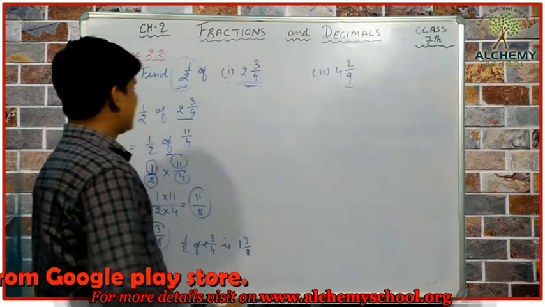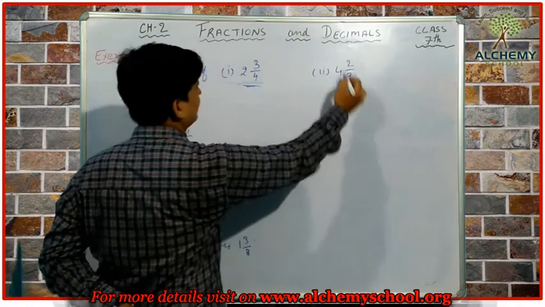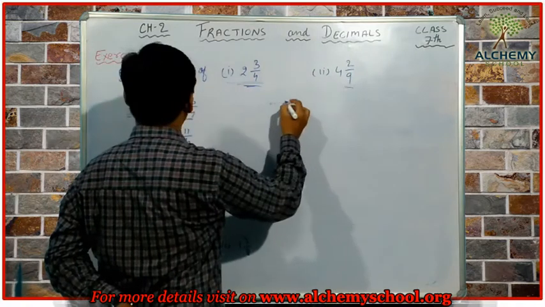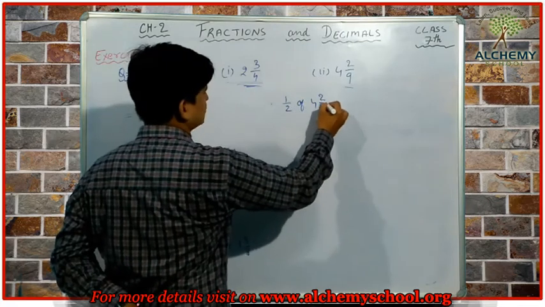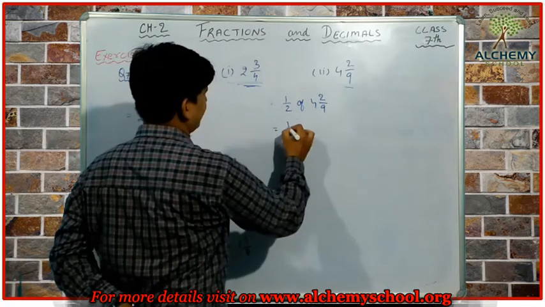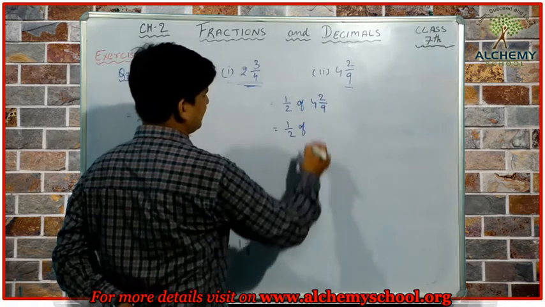Okay. Now, the next part of this question is 1 upon 2 of 4 and 2 upon 9. So, we can write here 1 upon 2 of 4 and 2 upon 9. We can change it into the form of an improper fraction.